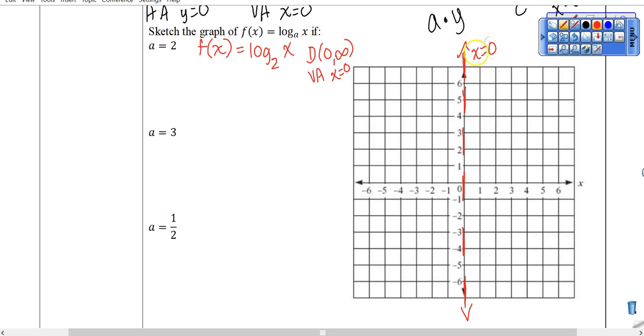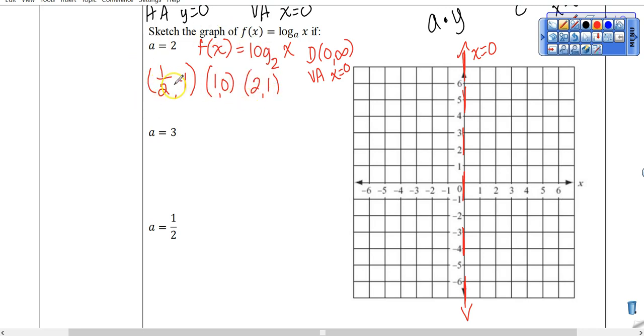Please label your vertical asymptote. Okay? And then we're going to pick the basic points. 1 over the base, -1, 1, 0, and base 1.